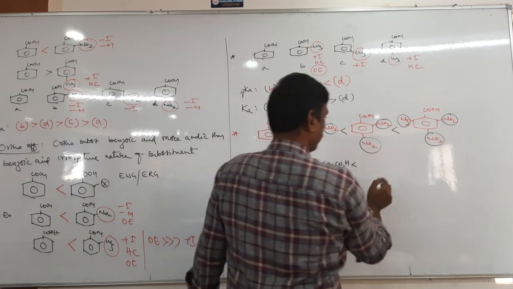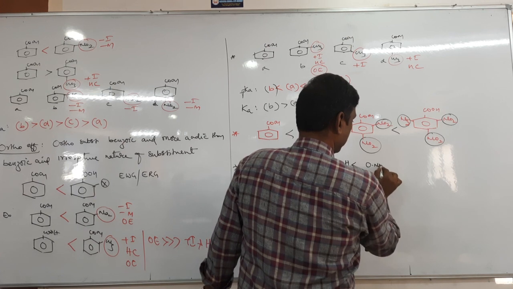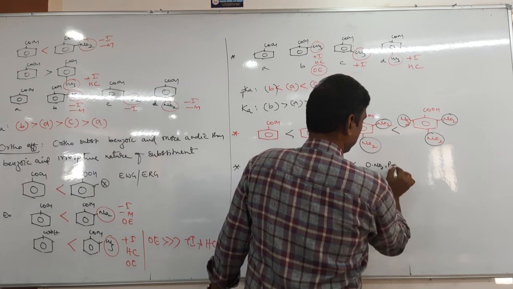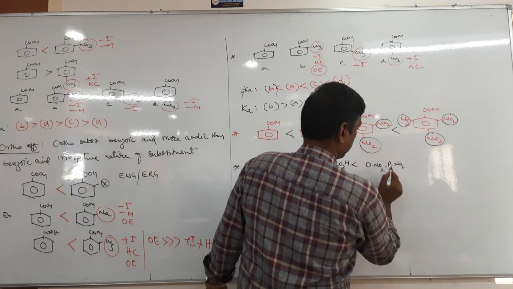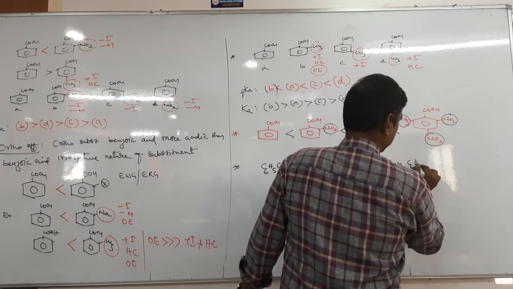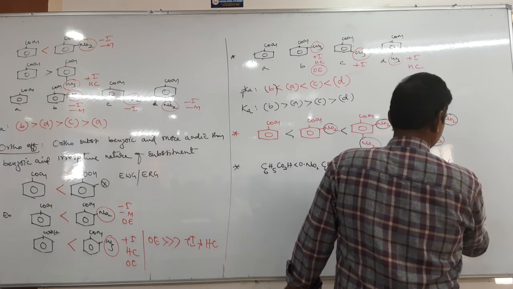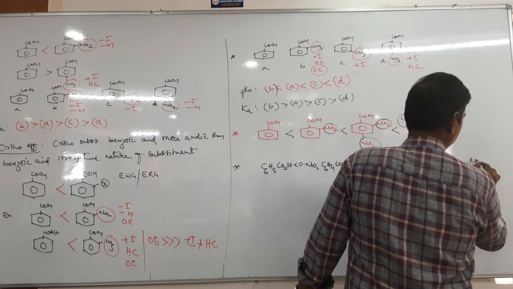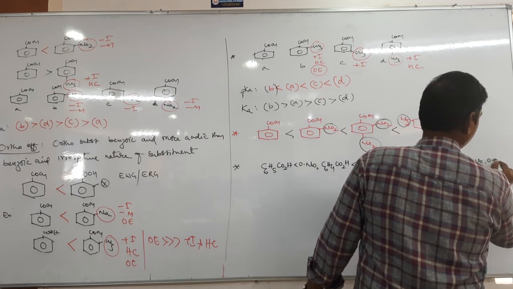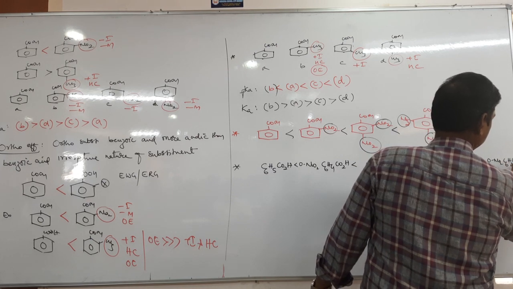Next, now here, ortho NO2, comma, PNO2, so C6H3CO2H. Next, ONO2, comma, PNO2, comma, again ONO2, then C6H2CO2H.